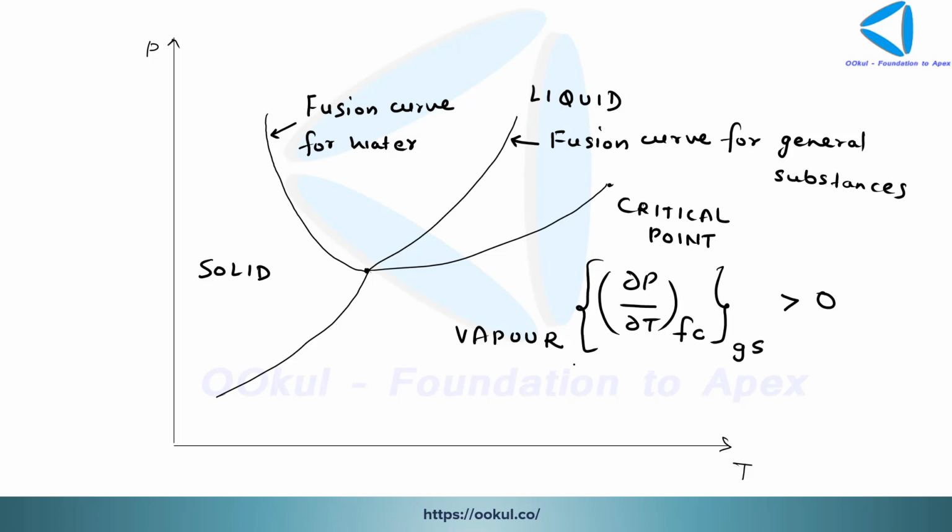You can see the slope of the fusion curve for water, that is H2O, is less than 0. Okay, so please remember this: the slope of the fusion curve for a general substance is positive, whereas for water it is negative. Why it is, we have already discussed.